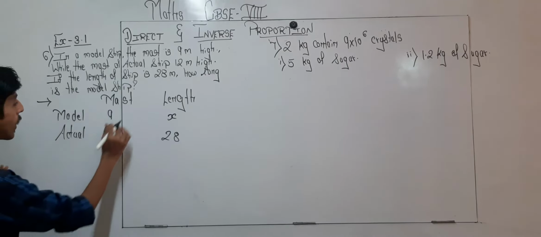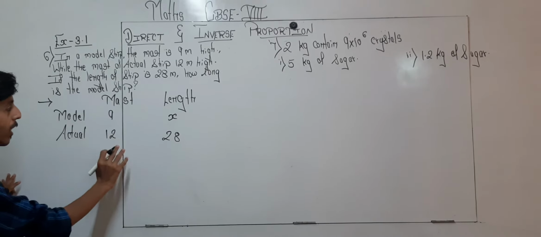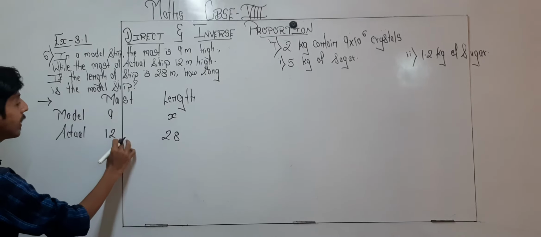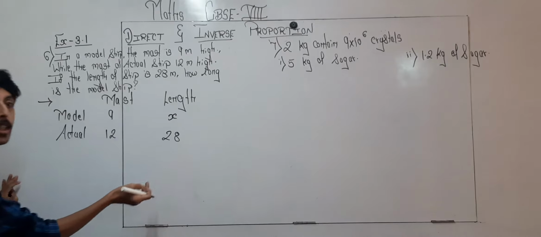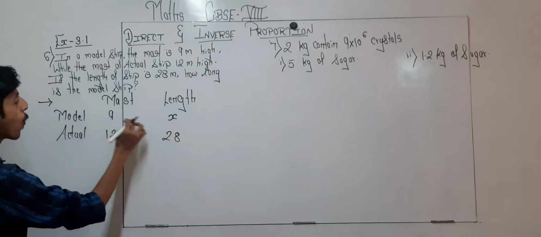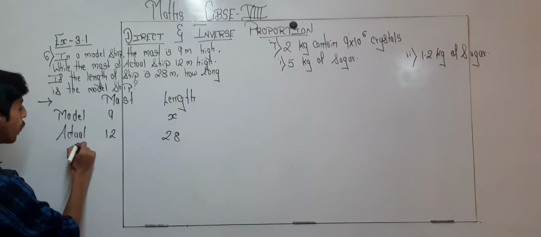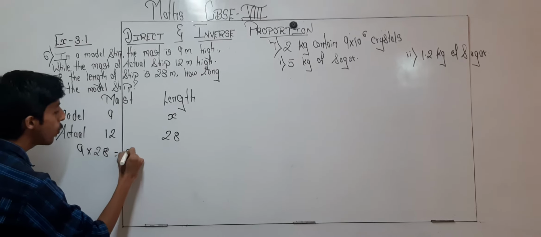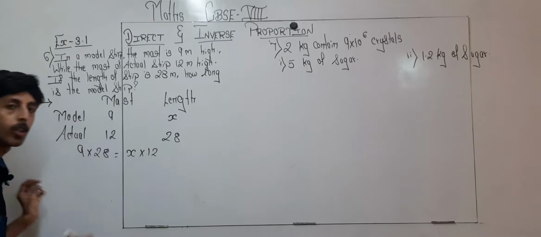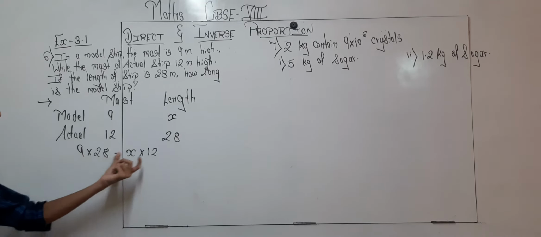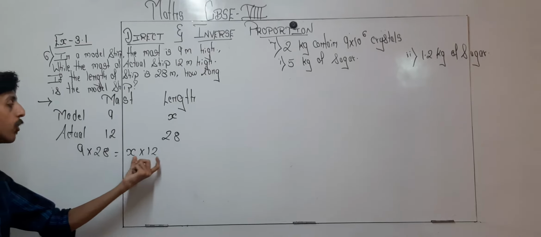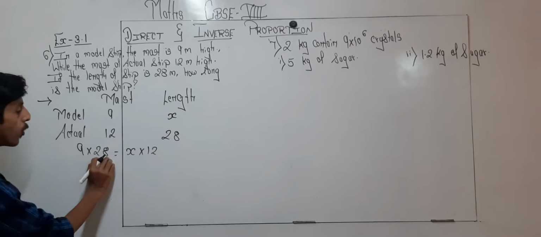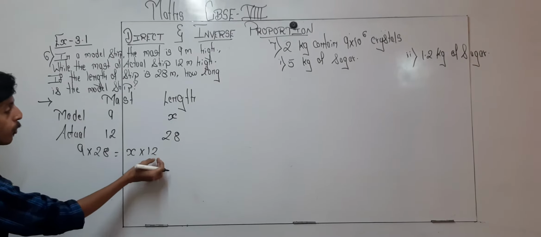Now we are doing this by the direct method. Why? Because as the mast height increases, the length will also increase. So 9 multiplied by 28 will be equal to x multiplied by 12. Don't do the multiplication, it will be easy for you.